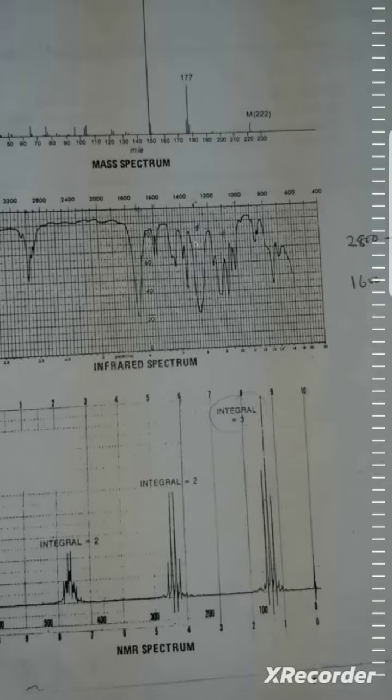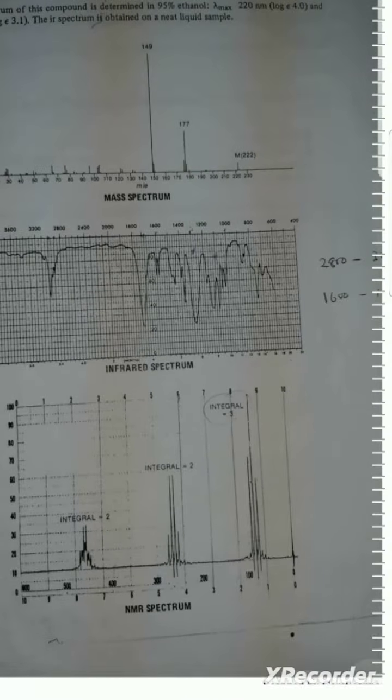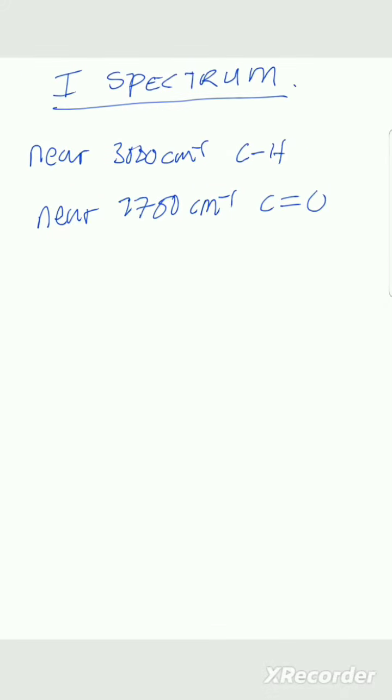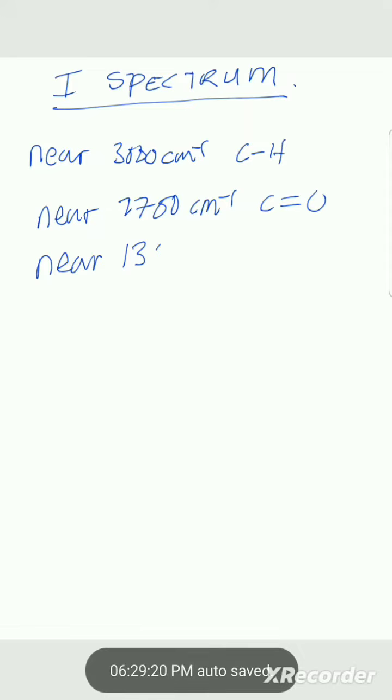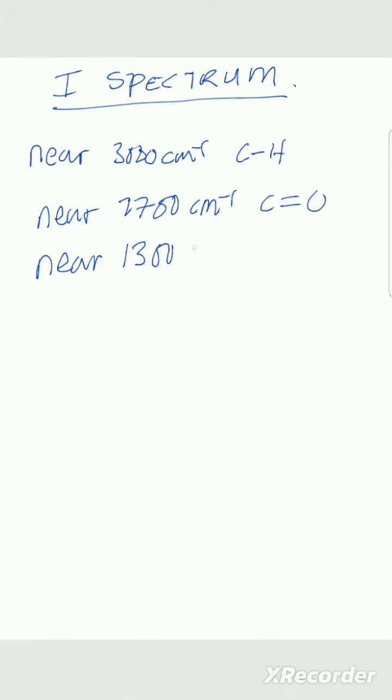So I'll write: near 1300, it can be between 1300 and 1000, which is an ether.